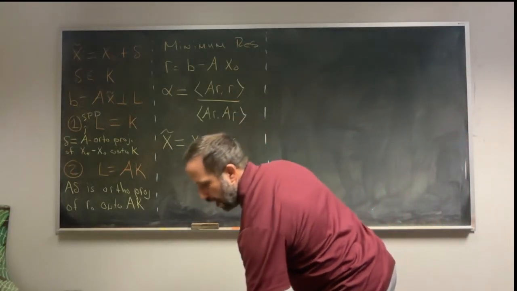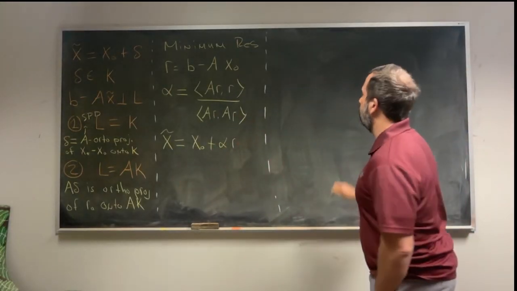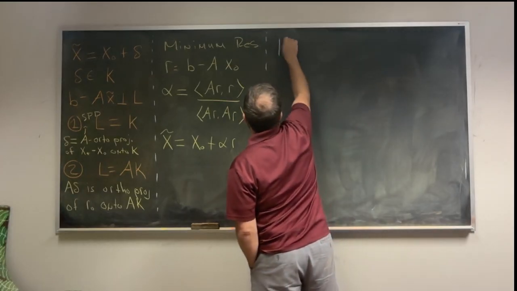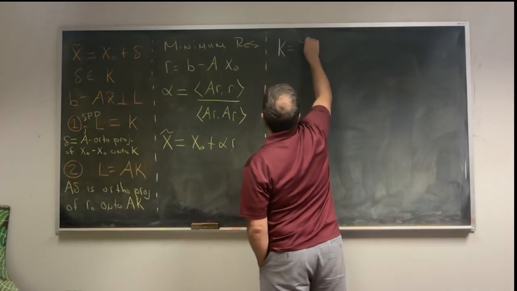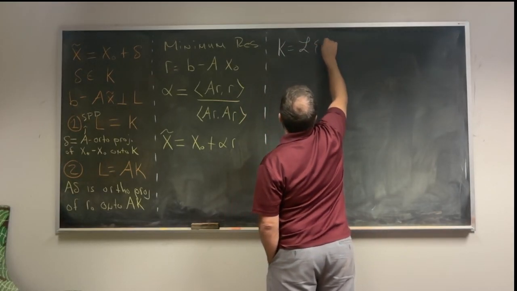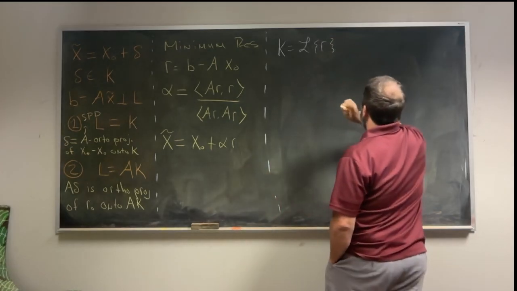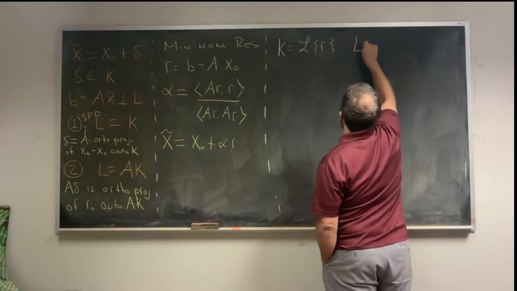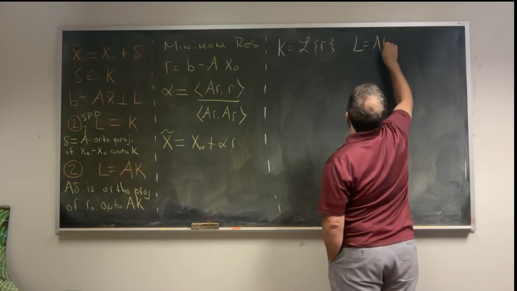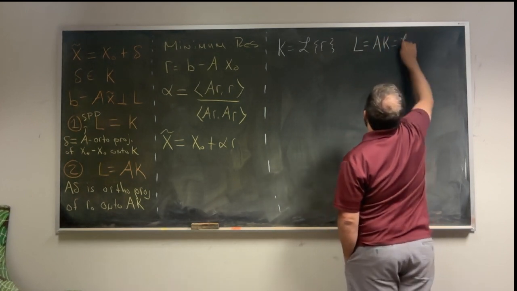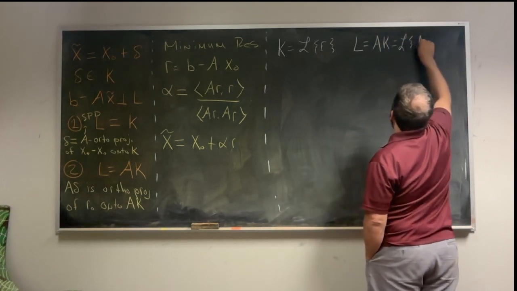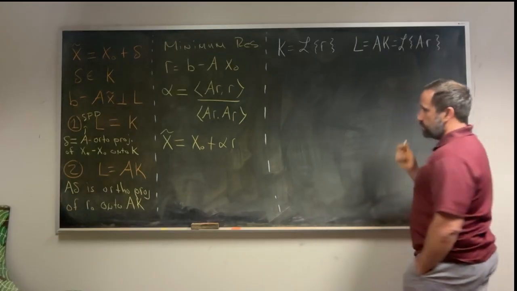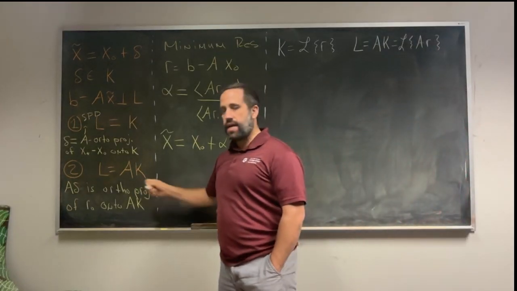Okay, so now in this case, it's going to be similar to what we had before. K is going to be the linear span of R, and L is going to be equal to A times K, or the linear span of A times R. So we're in this setting here.